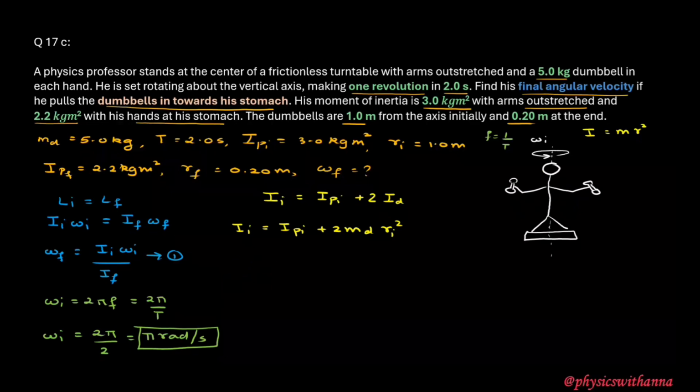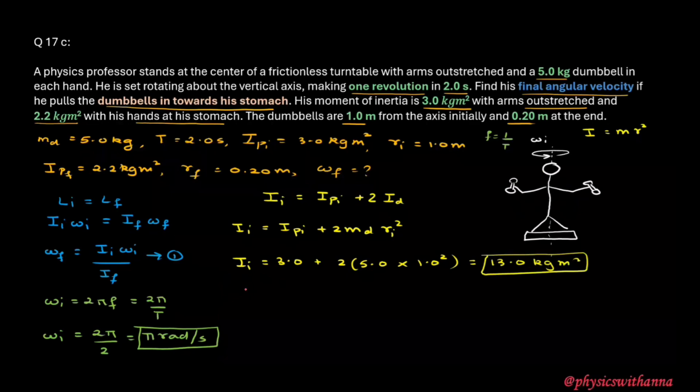Now let's substitute. I initial becomes equal to the initial rotational inertia for the professor, which is 3, plus 2 times the mass of each dumbbell, which is 5, times its initial distance from the axis of rotation, 1 squared. That gives you the initial rotational inertia equal to 13 kg meter squared.